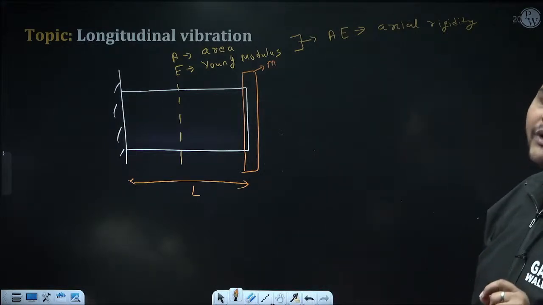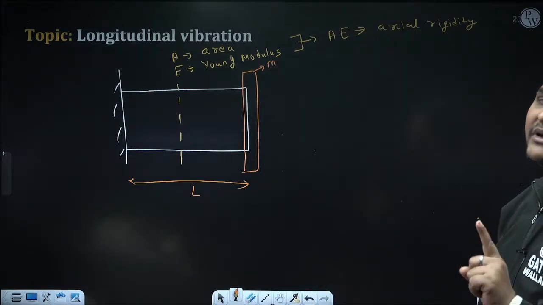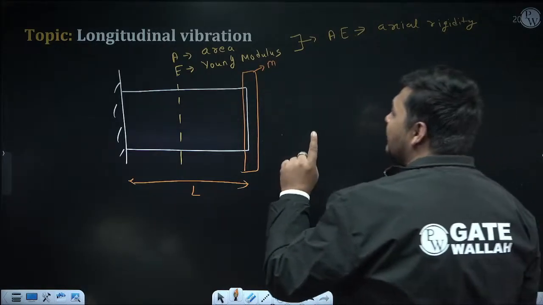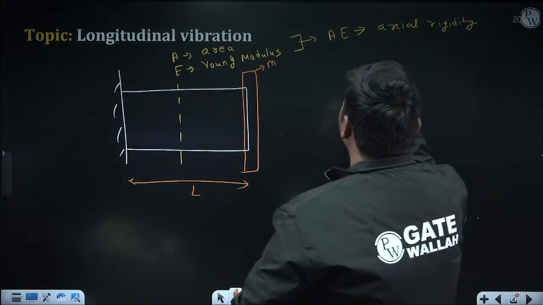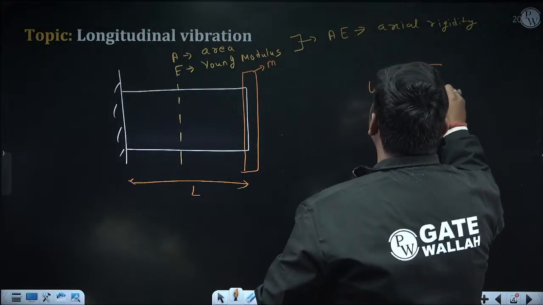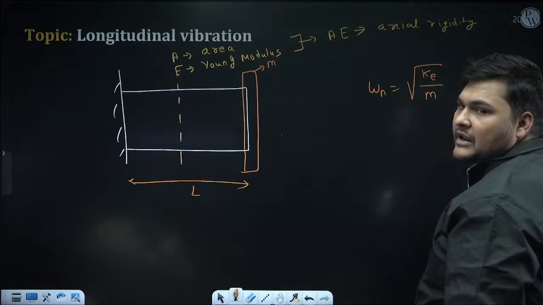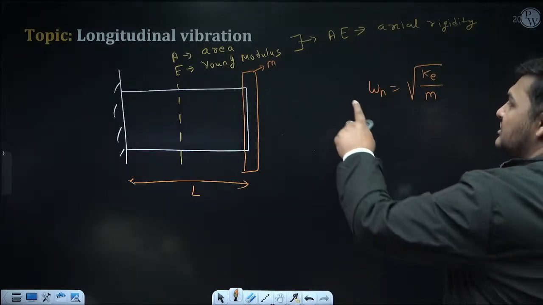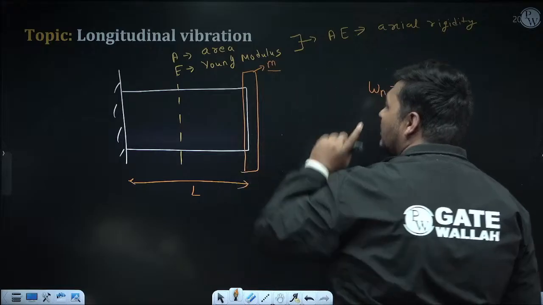Why can I use it? When I was discussing the equivalent stiffness method, I clearly mentioned the conditions. The formula to calculate natural frequency was root over K equivalent divided by the point mass m. When is this formula valid? First condition, in that system only one point mass should be involved. So right now only one point mass is involved.